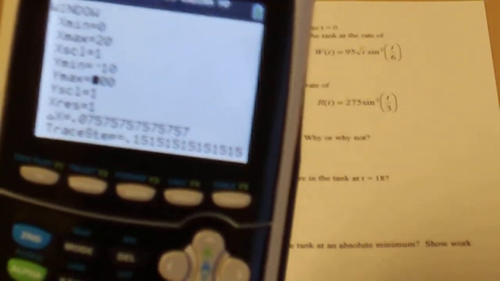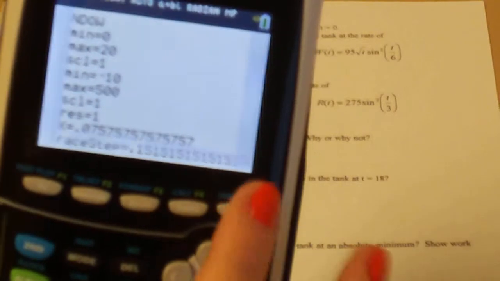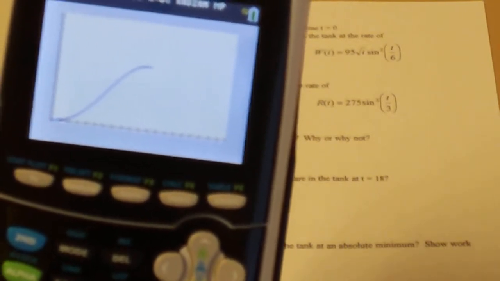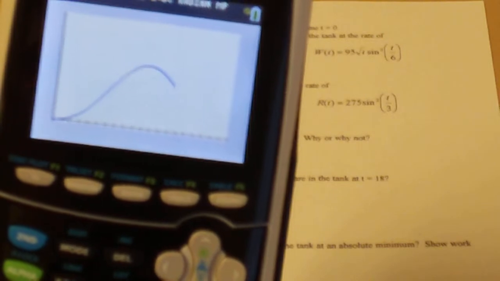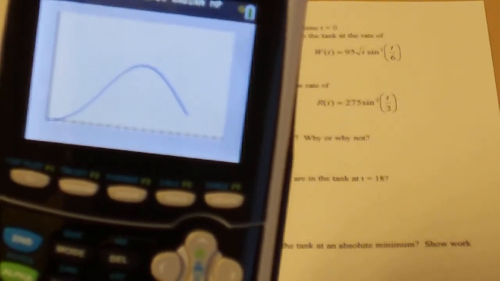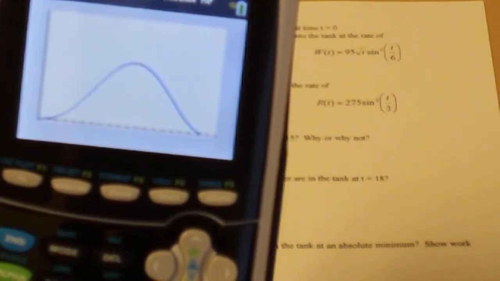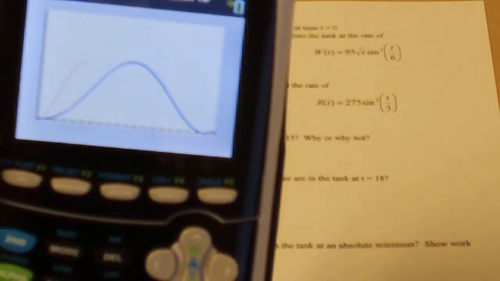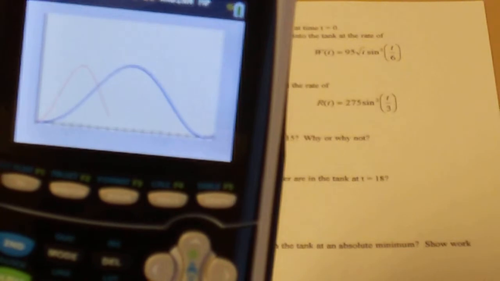Maybe I'm going to go up to about 500. Let's see if that works. Okay, the graph looks pretty, but it is a little slow. This is the rate that the water is being pumped into the tank. And now the red graph is the rate at which the water is being removed from the tank.